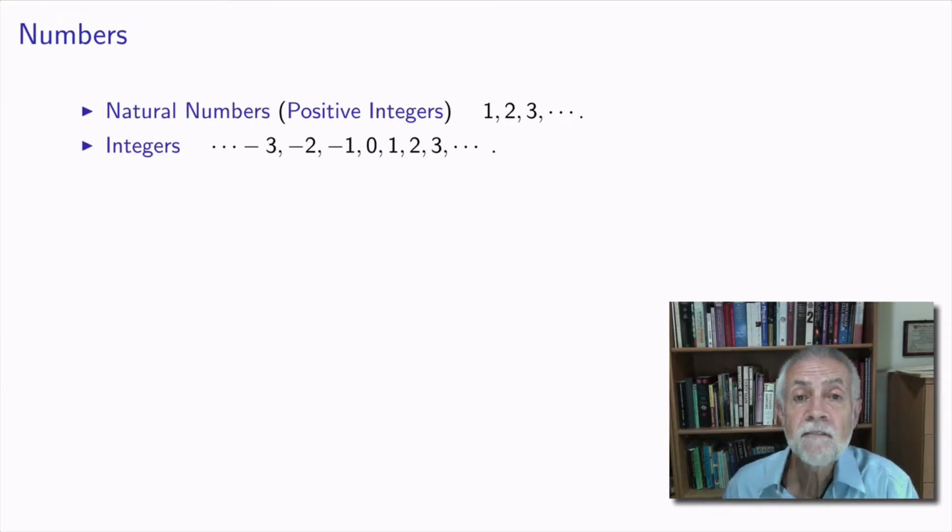It's convenient to have a number 0, which in the previous examples would correspond to having no pieces of fruit, being at sea level, or having no dollars in our pocket, in our bank account. It's also convenient to have negative integers, -1, -2, -3, and so on.